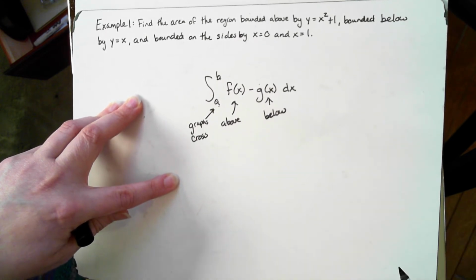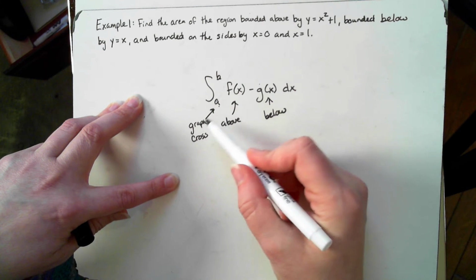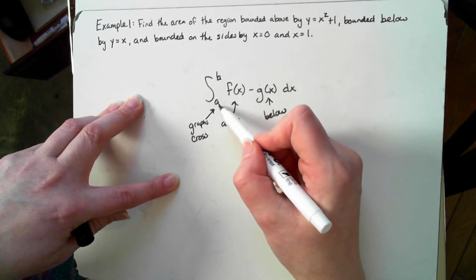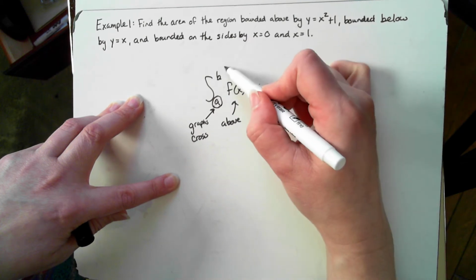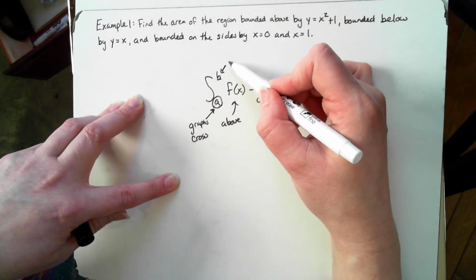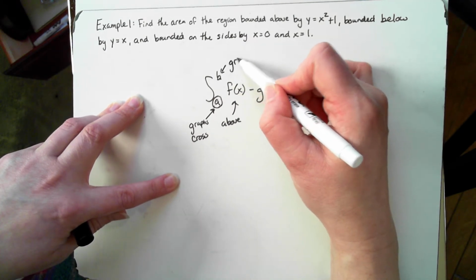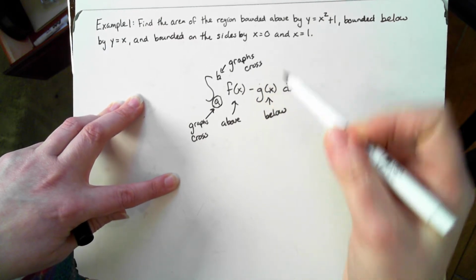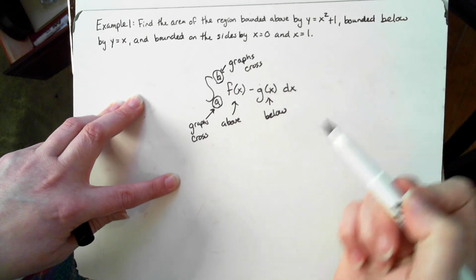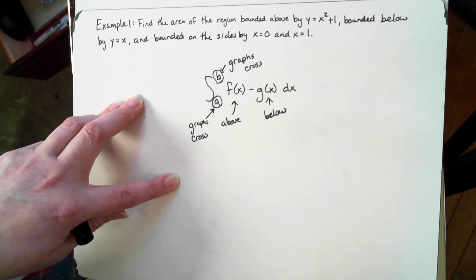If we graph it, and for this I really like using an online graphing calculator, we can find a value where it crosses, and this is going to be the first place where it crosses, and this is going to be the second place where it crosses. So sometimes they will tell you a and b, and other times you have to figure them out for yourself.